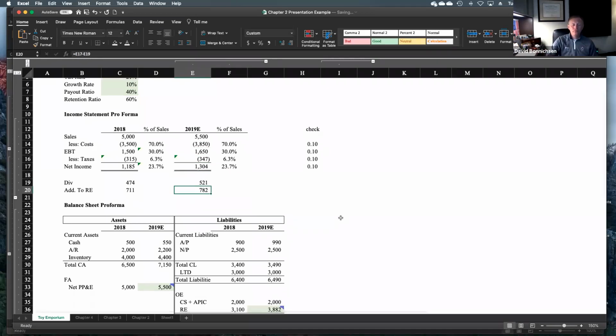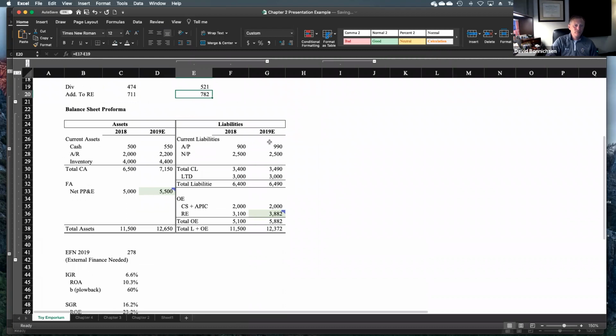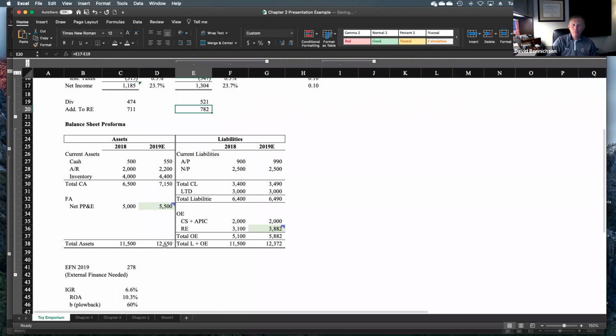Income statement done. Balance sheet. We took the entire asset side of the balance sheet up by the growth rate, so everything went up by 10%. On the right-hand side, the only thing we varied by growth rate was accounts payable, because that's the only real item on the right-hand side that relates to growth in sales.